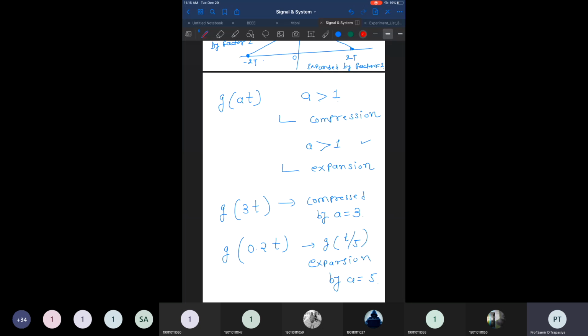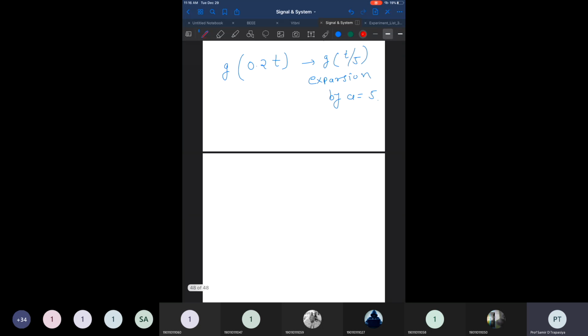Okay. Now we will move to the last property of the signal, and this is known as the time reversal property. So if any signal is flipped over the y-axis, like this one, there is a signal which exists from 1 to 3, g of t.